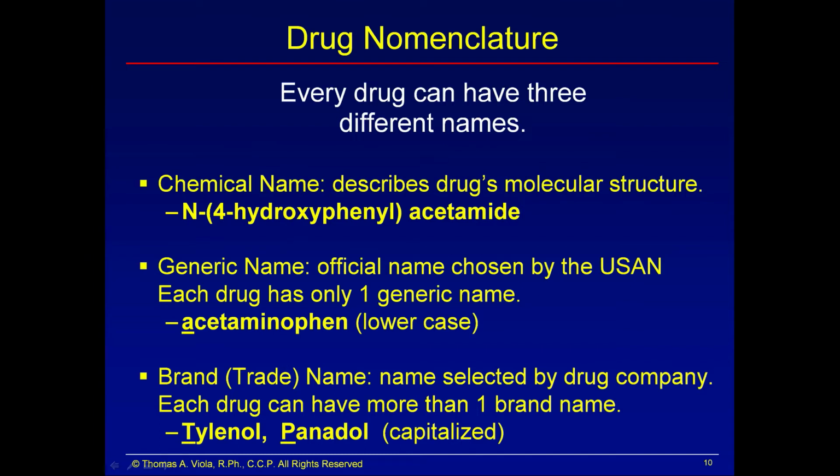The interesting thing here is, though, while every drug can have only one generic name, which is the official name of the drug, drugs can have several brand names depending on who's marketing the drug at that time. Once the originator company's patent runs out, any company can market that drug under any brand name, but they must keep the same generic name. Typically, the brand name is capitalized.